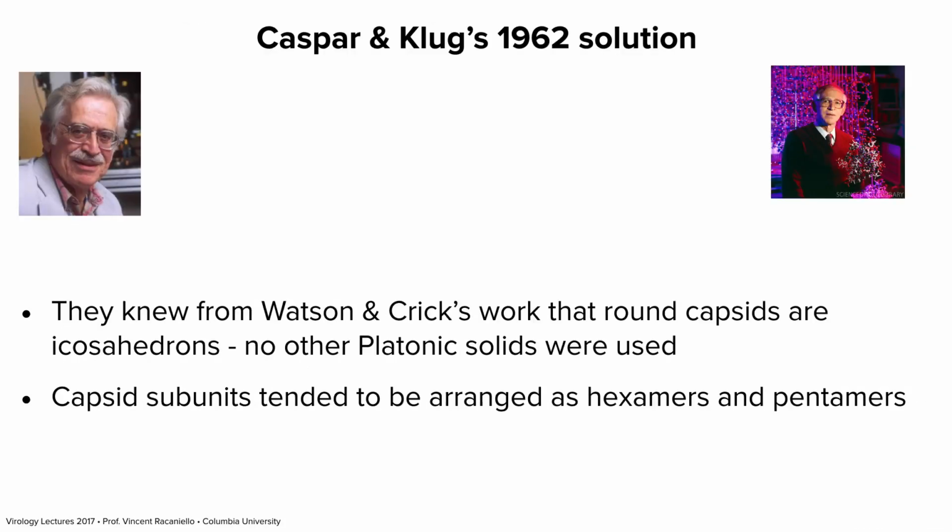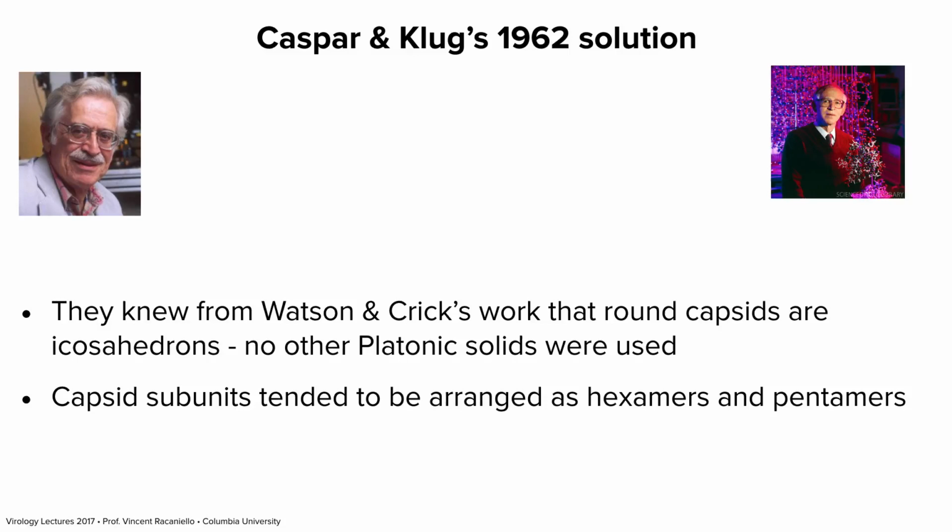These two individuals, Caspar and Klug, in 1962, published the solution. These were structural virologists. They knew from Watson and Crick that round capsids are icosahedrons. Watson and Crick had said platonic solids were used, and in fact, icosahedrons were the only platonic solids used to build virus particles.